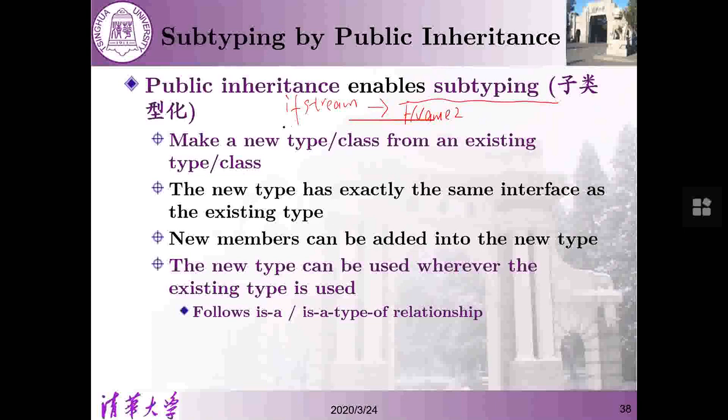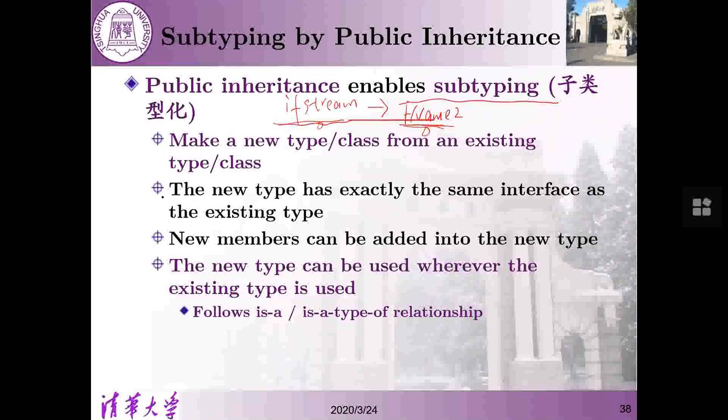Even if we do not know how ifstream is defined in the standard library, we do not know that, right? But we can do public inheritance from this ifstream. And by public inheritance, we are sure that this derived class has all the interfaces of this ifstream. We are sure about that because we are using public inheritance. Okay, so this is a very interesting example and very useful, I think.